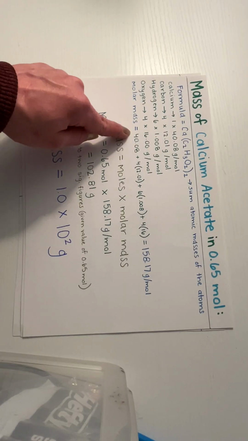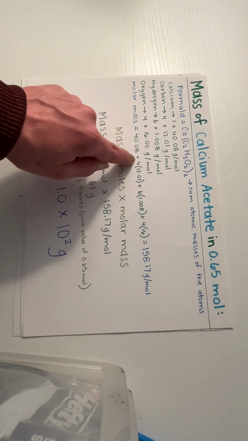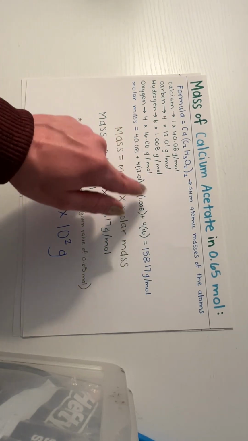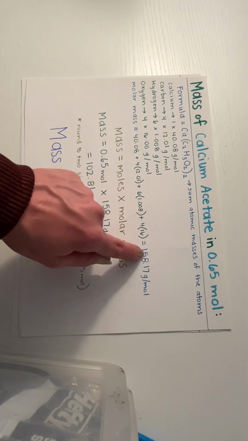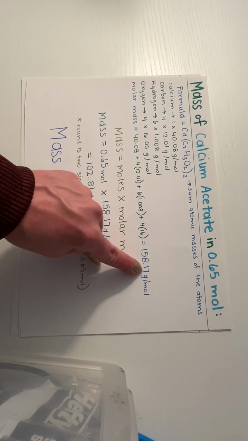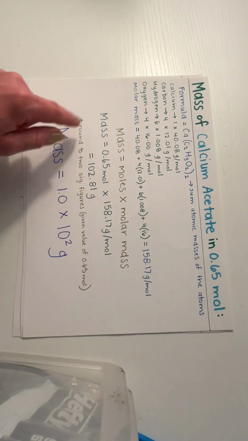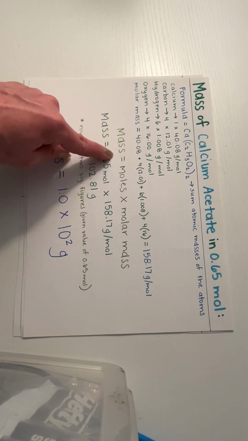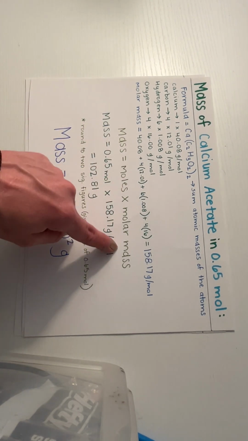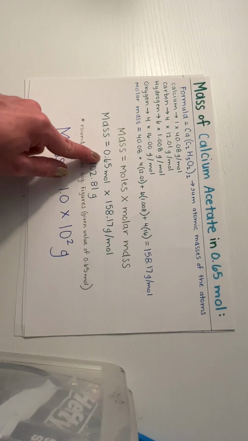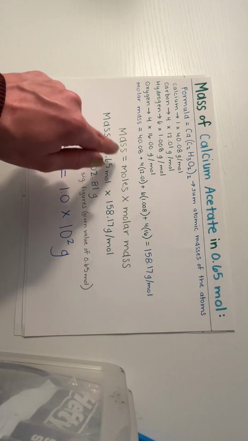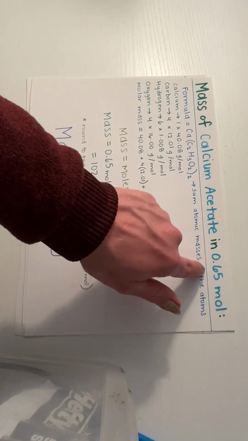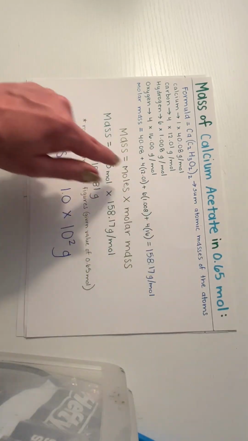So the molar mass is 158.17 grams per mole. And then the mass equals moles times molar mass. Now this is where it comes back to this. So it's only 0.65 mole.